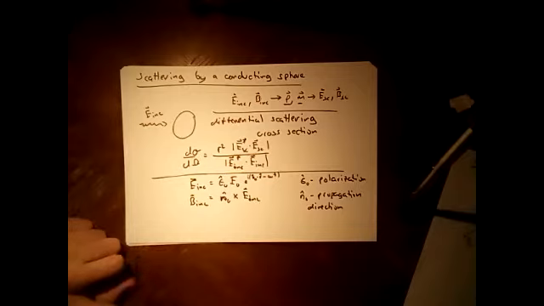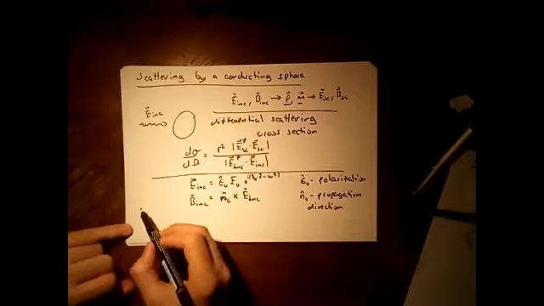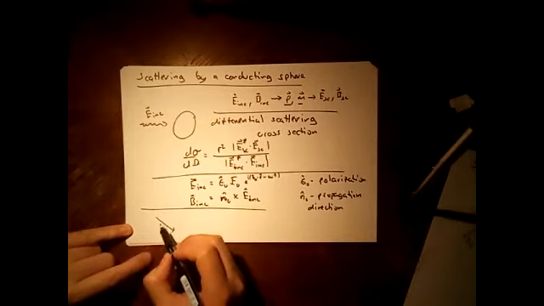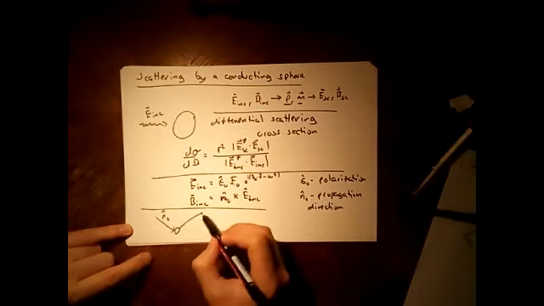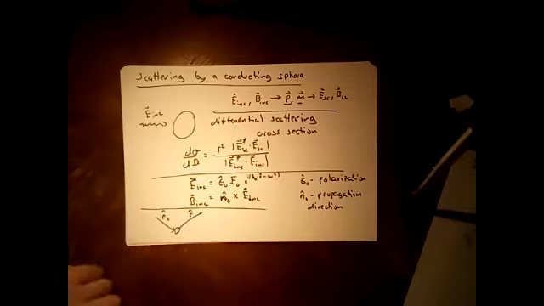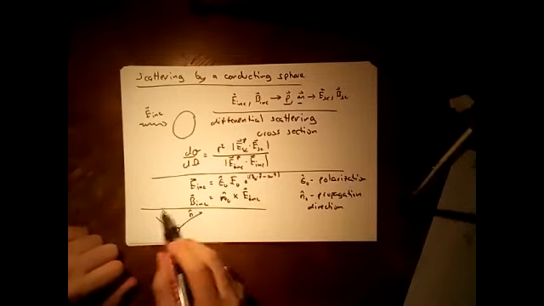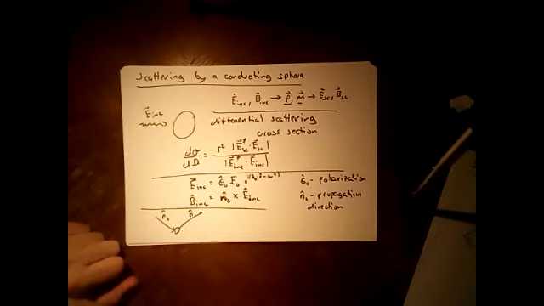Okay, and let me say also that in this differential scattering cross section, we're going to separate the components which are in the plane of incidence of the waves. What that means is you have some incoming wave which has a propagation direction n0, and here's your sphere, and you're going to have some outgoing wave which has a propagation direction n, and this forms a plane. It turns out that the polarization we can take to be in plane or out of plane, and we're going to calculate the differential cross sections for each of those components.